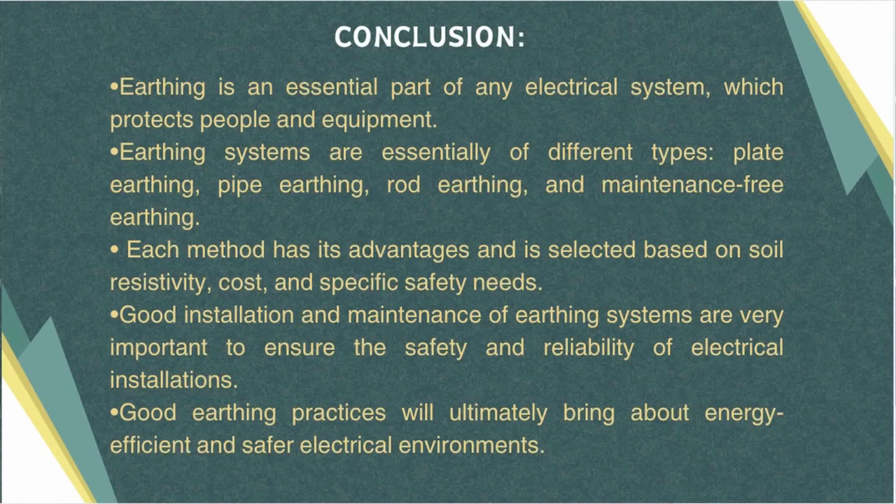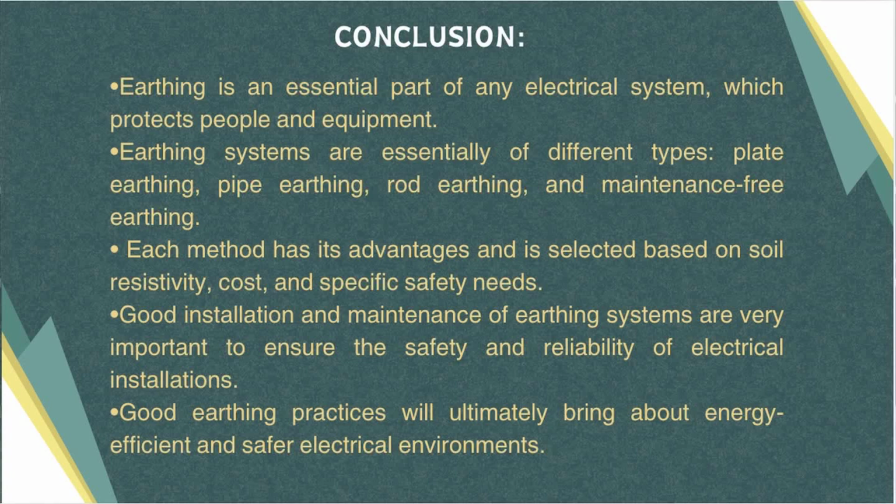So to conclude, earthing is an essential part of any electrical system which very well protects people and equipment. Earthing systems are essentially of different types, as we have discussed: plate earthing, pipe earthing, rod earthing, and maintenance-free earthing. Each method has its own advantage and is selected on the basis of soil resistivity, cost, and specific safety needs.